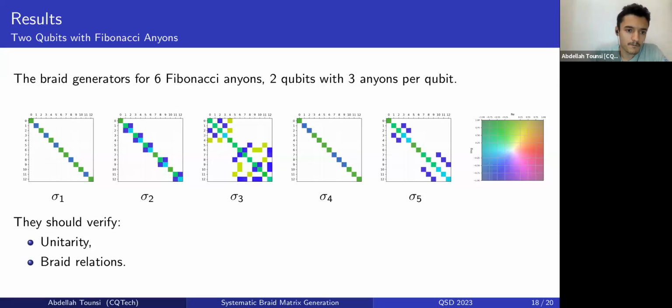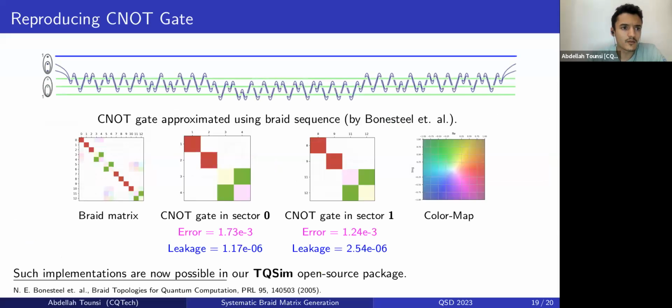This is a strong condition to verify such matrices linearly. Again, this might need more verification. So we have reproduced the Sinot gates using the braid matrices. The Sinot gate can be approximated using the injection method, as designed by Boston and others before.